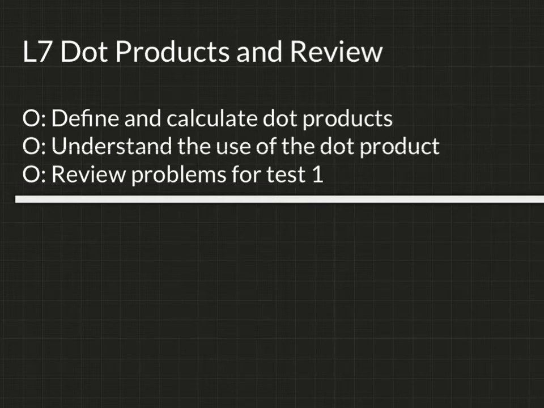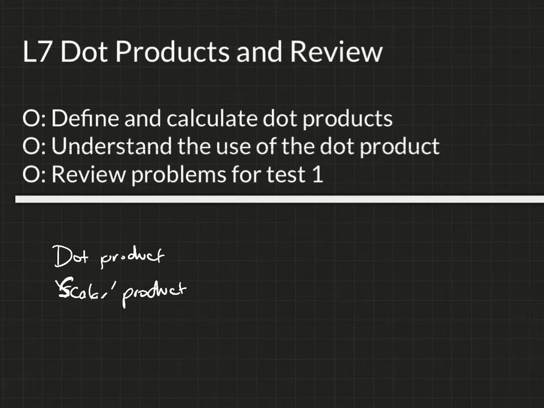So the first thing I want to do is define the dot product. If you have two vectors, this will be the dot product. Your book actually calls this the scalar product, which is another name for it. There's no right or wrong here.